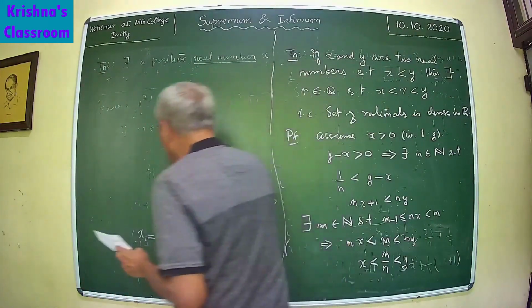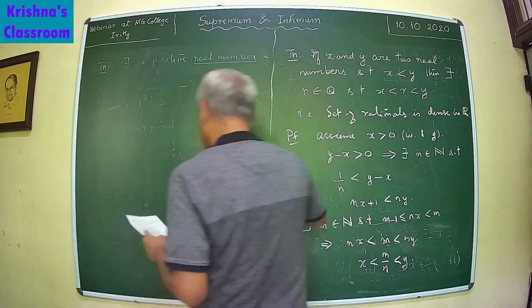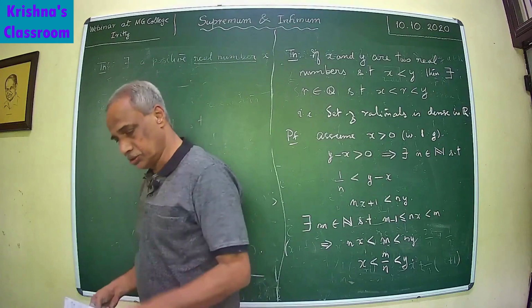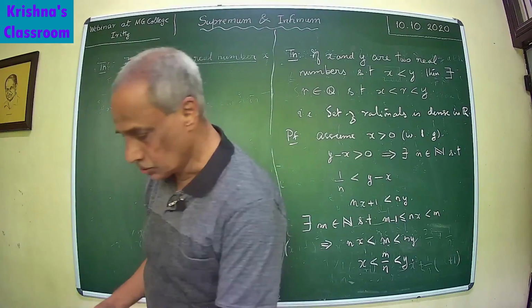So between two real numbers, there is always a rational number. So also between two real numbers there is an irrational number.